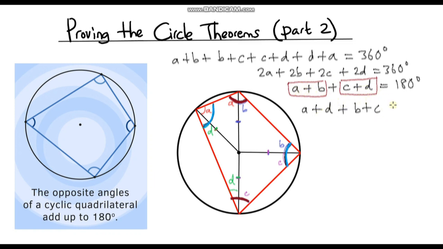So this must also equal 180 degrees. And let's just box our angles. So this one was A plus D. And this angle here is B plus C. But notice these 2 expressions are exactly the same. The order that we add things doesn't matter. You know, 3 plus 2 is the same as 2 plus 3. So we've just proved that opposite angles in a cyclic quadrilateral always add up to 180 degrees.